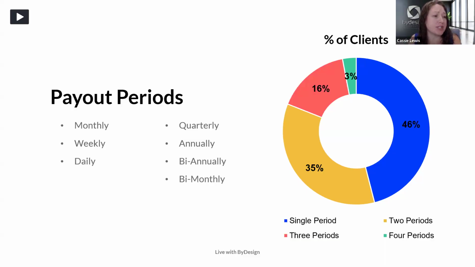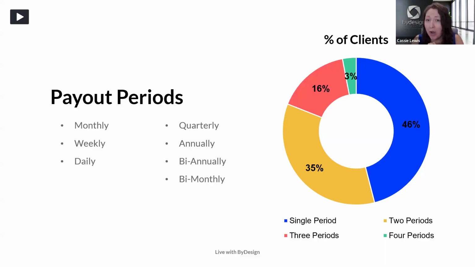You can see some percentages here: single period is 46%, two periods 35%. That means a third of our clients now have more than one payout period, which is a huge shift from even last year, let alone 5 years ago, 10 years ago. There are clients that also have three periods and four periods.